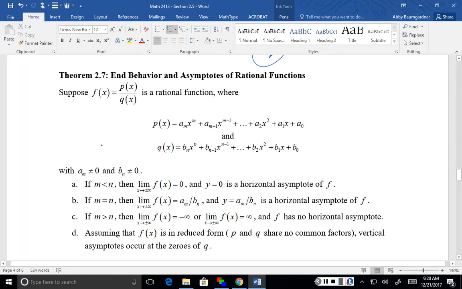And we said if the degree of the numerator was the same as the degree of the denominator, then the horizontal asymptote was the leading coefficient of the numerator divided by the leading coefficient of the denominator. And then we said if the degree of the numerator was exactly 1 more than the degree of the denominator, then we didn't have a horizontal asymptote, we had a slant asymptote, and we kind of moved on from there.